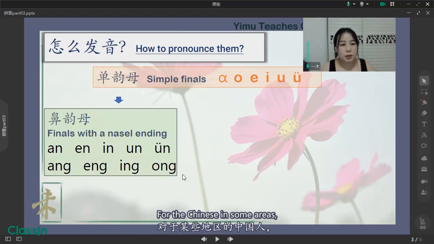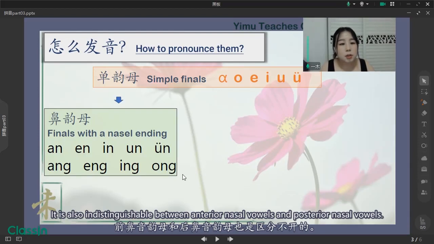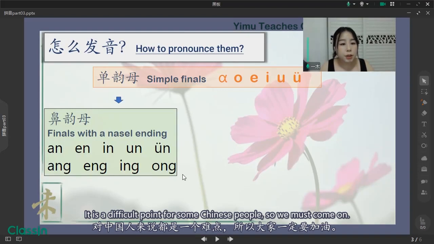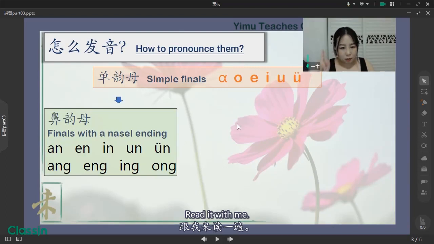For Chinese people in some areas, among their dialects, it's also indistinguishable between anterior nasal phonemes and posterior nasal phonemes. It's a difficult point for some Chinese people, so we must, come on, read it with me. In, yin, yun, ing, ong.